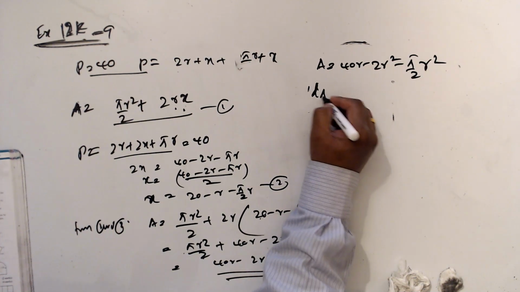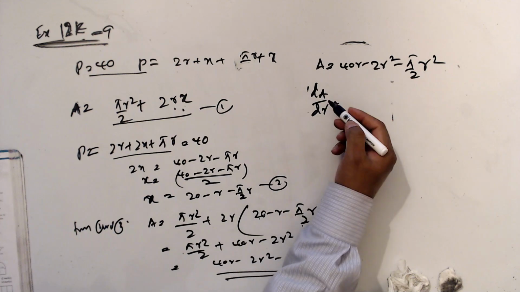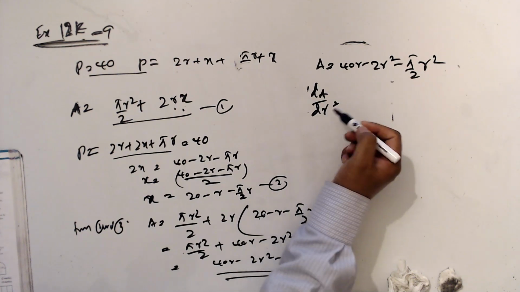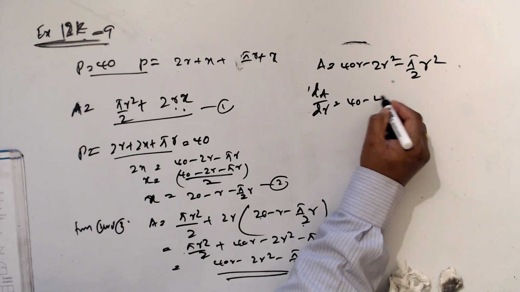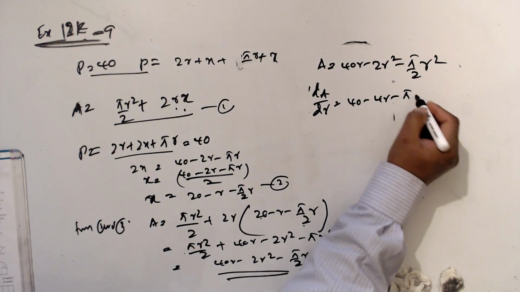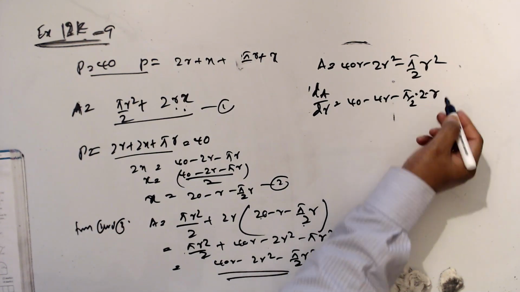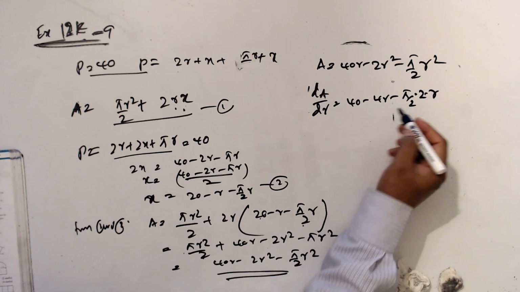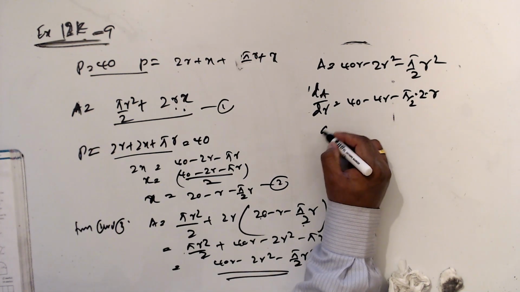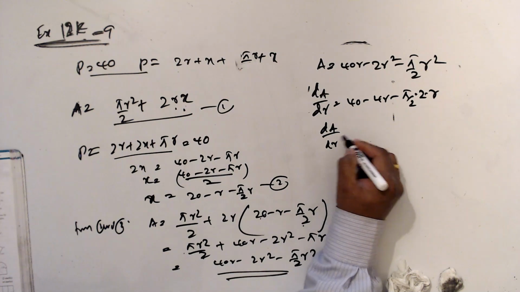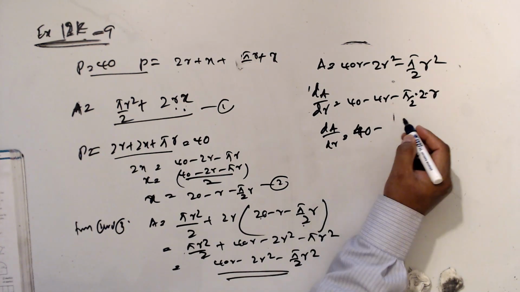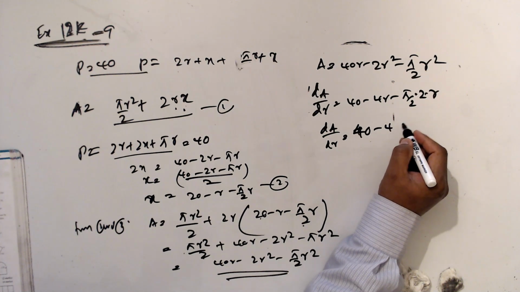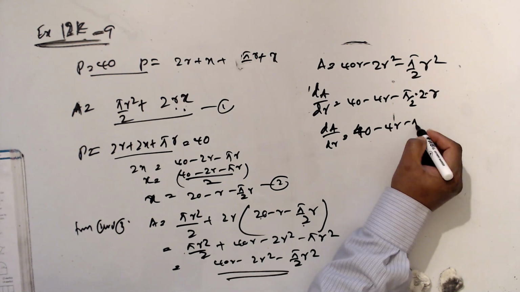So dA over dR, the rate of change of area with radius, is 40 minus 4R minus 5 divided by 2 times 2R. So 2 and 2 cancel out. dA over dR equals 40 minus 4R minus 5R.